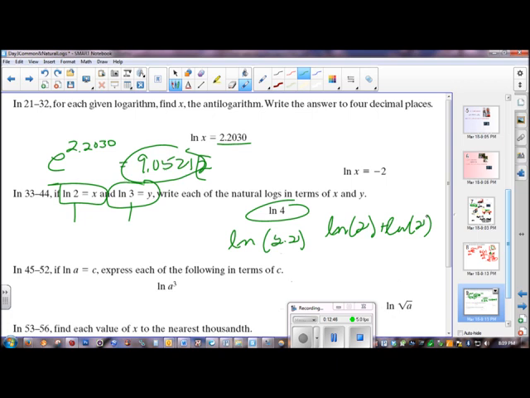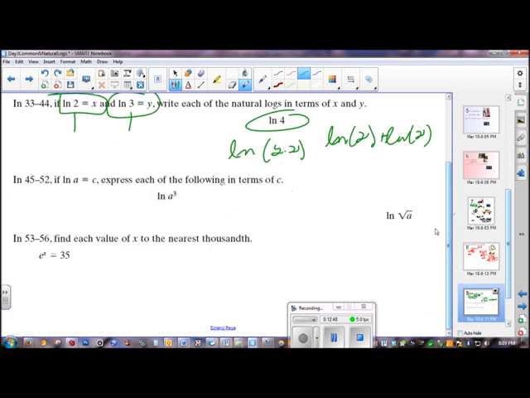And then now I can have replacements for natural log of 2 turns into an x. The other natural log of 2 turns into an x. I had a plus in the middle, so my answer here becomes 2x.